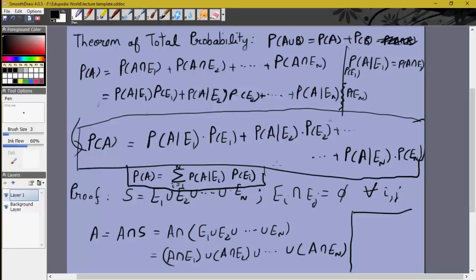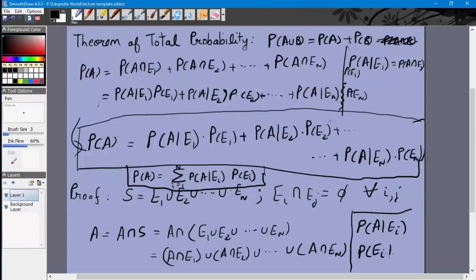And now from here we try to get the other conditional probability. So what we know is we are given P of A intersection E1. These are the terms that are used here. Now our goal from Bayes' theorem is something which I began this video talking about. We know P of A intersection EI, where I could be 1, 2, 3, 4, 5, anything. We would like to find out P of EI conditional A. That means given that A occurred, we would like to know the probability that EI occurred as well.